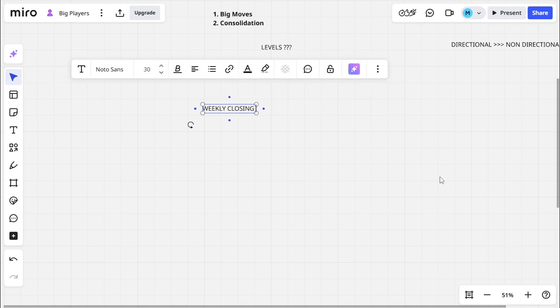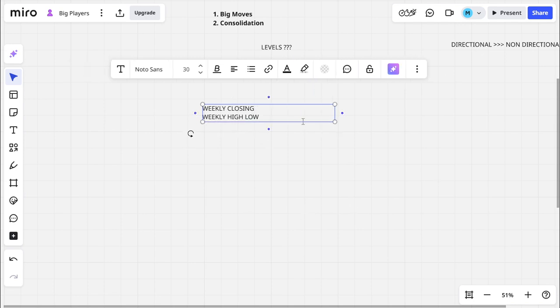Weekly closing, weekly highs and lows. Daily high slash low.